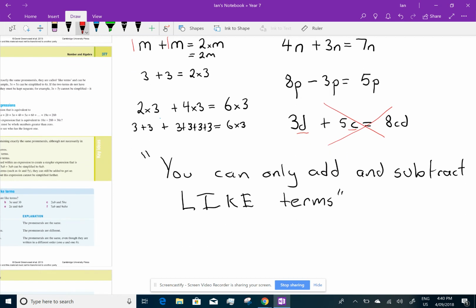And you must remember, this means that the letters, the pronumerals, must be exactly the same.